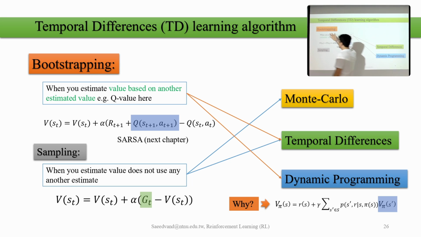Which of the techniques we've talked about are using bootstrapping? We can say temporal differences of course is using bootstrapping, and dynamic programming also is using bootstrapping. But do you remember why? The algorithms that we studied at the beginning as dynamic programming? Who remembers why? Because of the update rule.